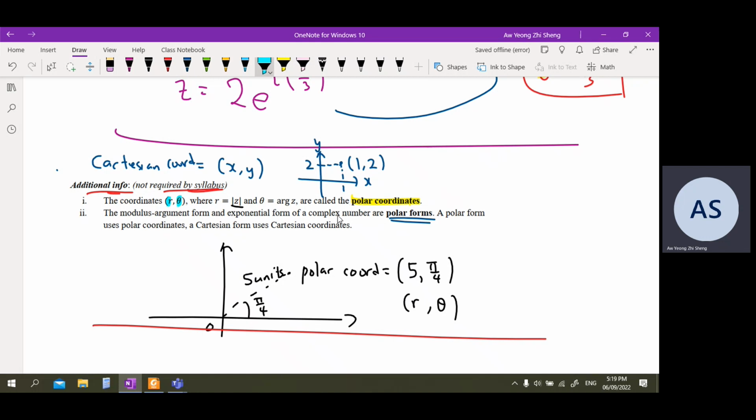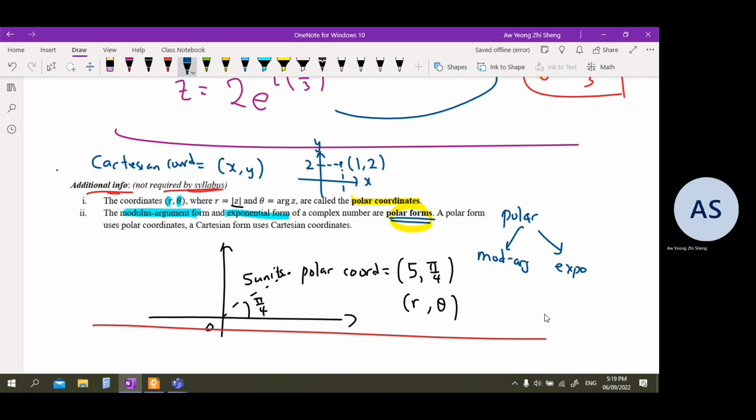That's why the two forms can be grouped under the same name, polar form. Polar form is like the family name for modulus argument form and exponential form.